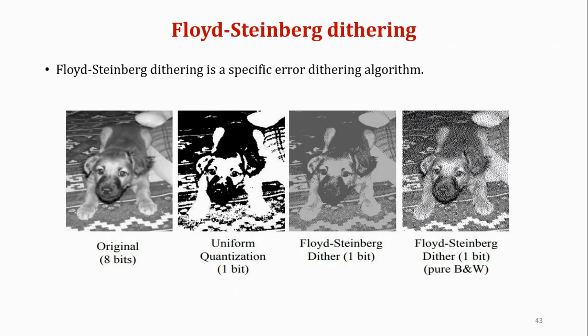So check out this image, where you can see the dithering reducing the errors to the surrounding pixels. So 8-bit and only 1-bit quantization. So the Floyd Steinberg algorithm and dithering 1-bit, pure black and white. The errors are distributed to the surrounding pixels to round off the error.